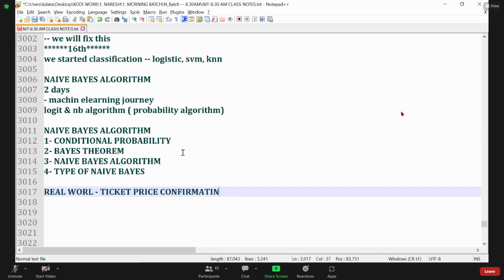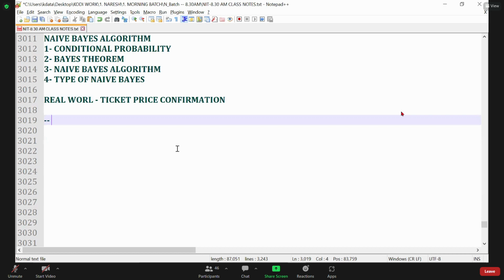So ticket confirmation is one of the uses of naive Bayes algorithms, guys. Before I start naive Bayes, we'll explain every topic, the math behind all the algorithms, and then we cover it up.